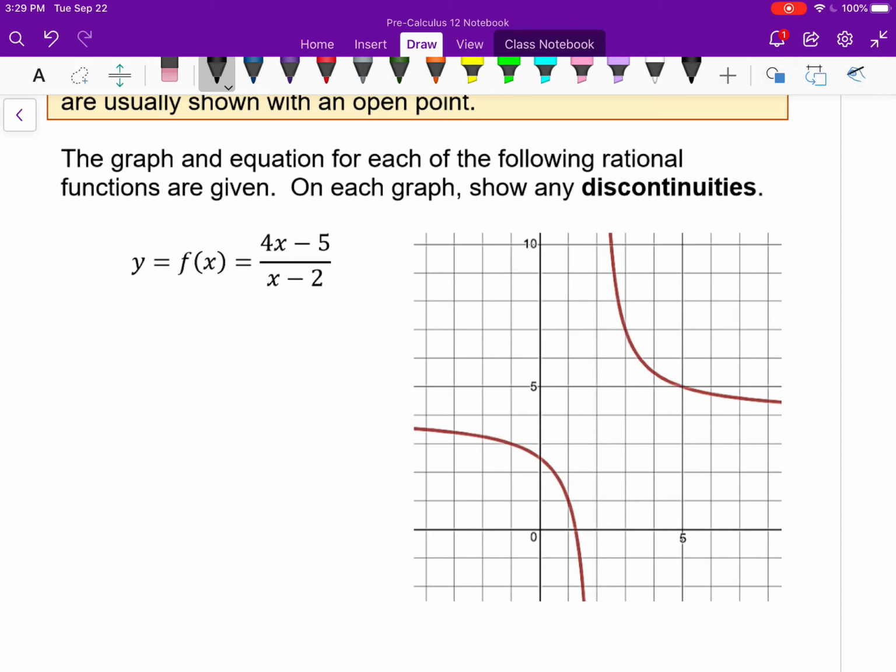So, for example, looking right here, I can tell there must be a vertical asymptote when x equals 2, because when x equals 2, I'm dividing by 0. So I'm going to show a vertical asymptote where x equals 2. And notice it creates this nice divide in my graph where my curves break apart. However, there's also a horizontal asymptote, and it's hard to tell immediately where it is.